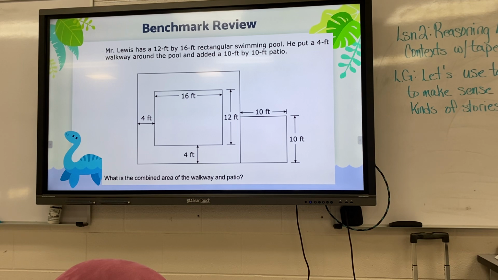Can you see from there, Arthur? Okay. As long as I stay out of your way. What shapes do you see?